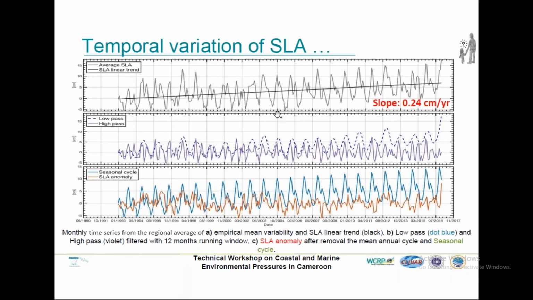And here now, from this observation, I've plotted the temporal variation of the sea level anomaly from January 1993 up to December 2016. We found that we have an increase of the sea level variabilities, and this increase is correlated with what people are facing now on the coastal area.